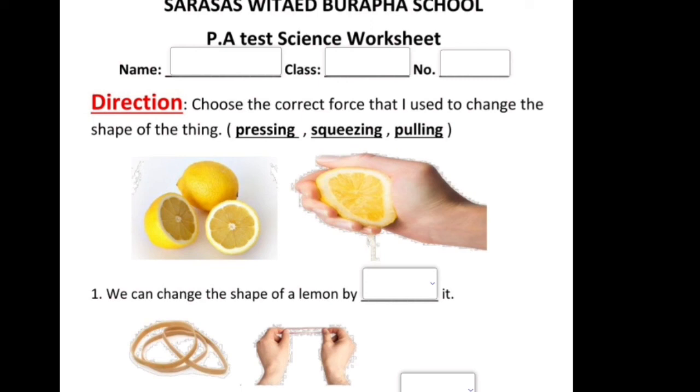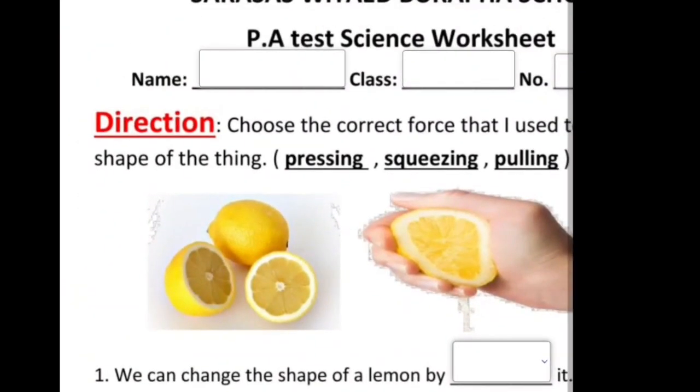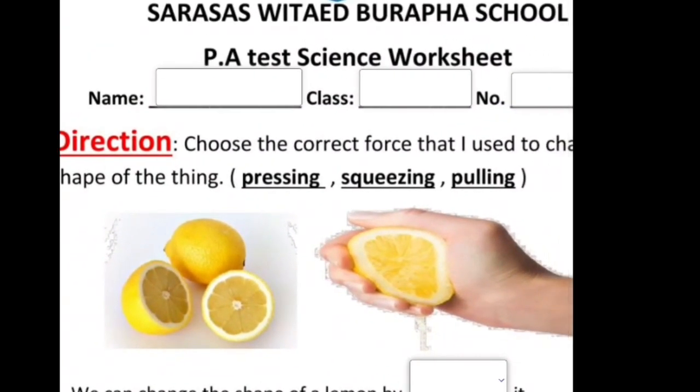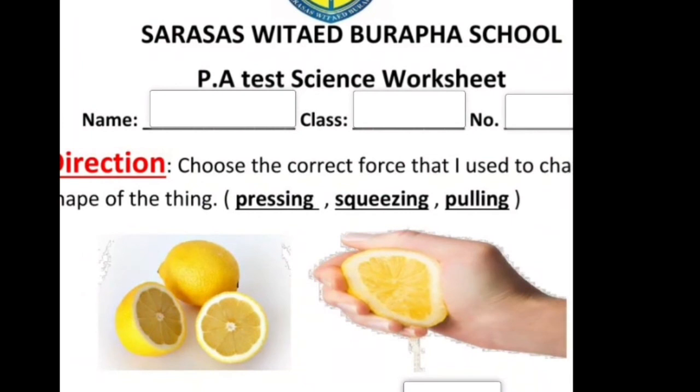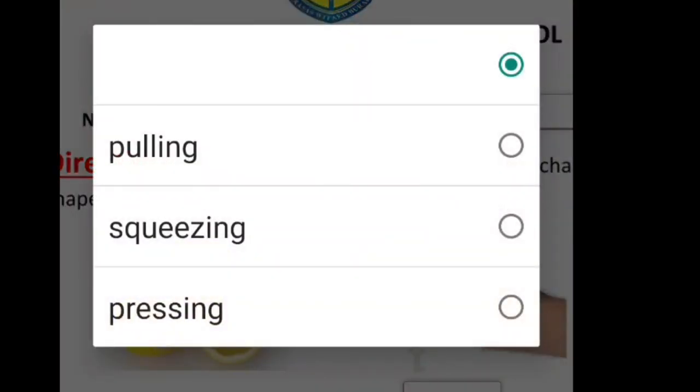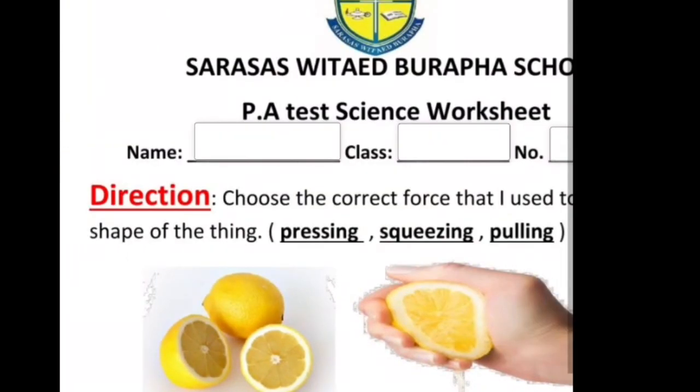Just like what we have in number 1: we can change the shape of a lemon by blank it. Looking at the picture, you can answer correctly. So what will be the answer? Pulling, squeezing, or pressing? Very good. It's squeezing. For number 2 until number 3, you will be the one who answers it by yourself.